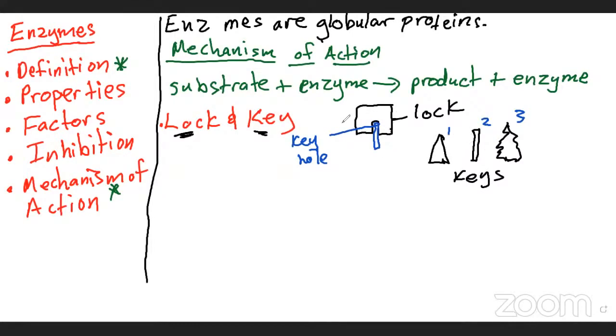So in the lock and key mechanism, the enzyme is the lock, and the keys would be the substrate. And the keyhole would be the active site.